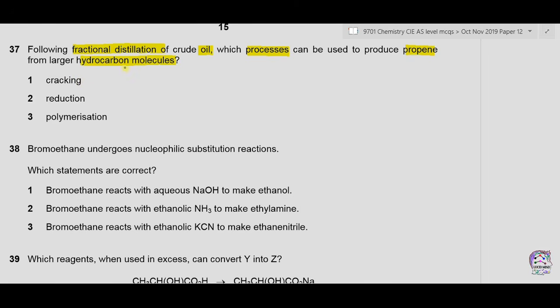Now we know that in cracking, large hydrocarbon molecules are broken down into smaller, lighter hydrocarbons. As propene is a compound having 3 carbon atoms and 6 hydrogen atoms, this is also a smaller and lighter hydrocarbon, so it could be made from cracking. So option 1 is correct.